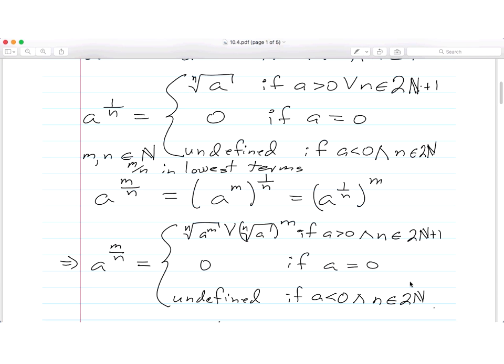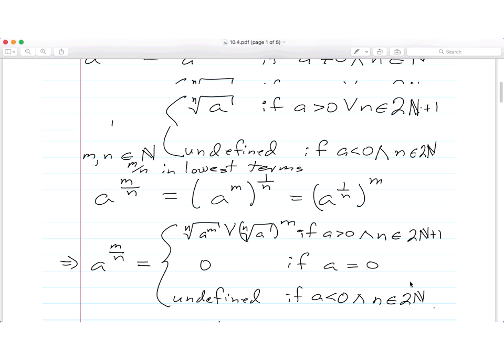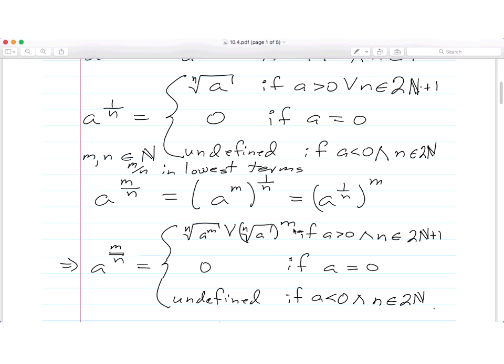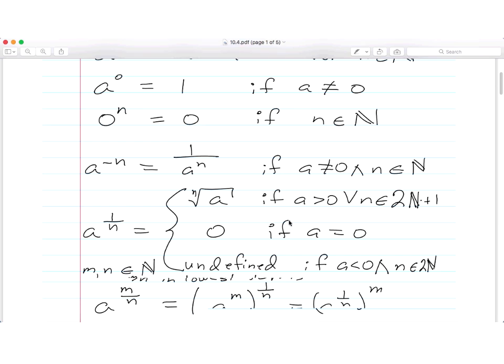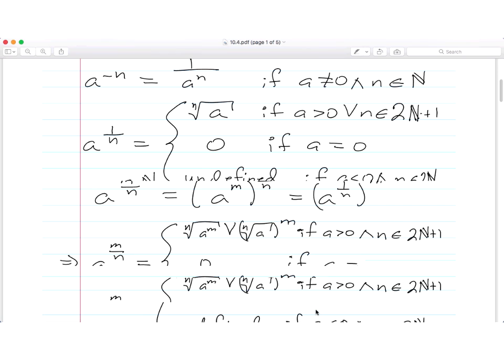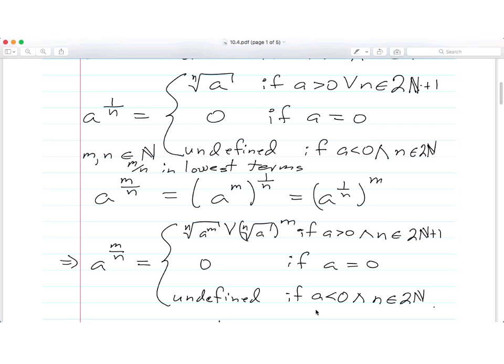Let's be a little bit more specific what we mean by this. Because here when I say this, I actually say it's equal to this so long as everything that I've written here is defined, so long as all this makes sense. So let me actually specify what I mean by that.